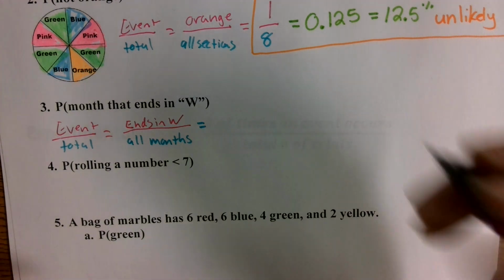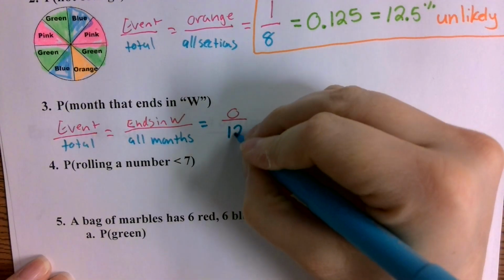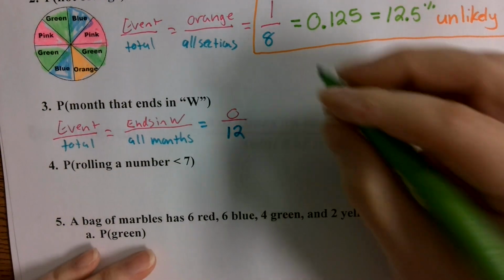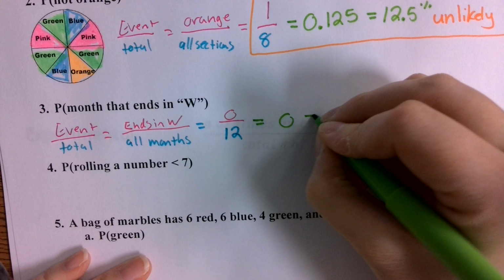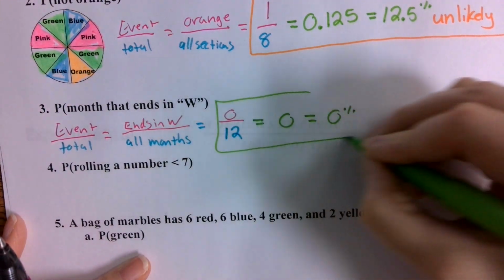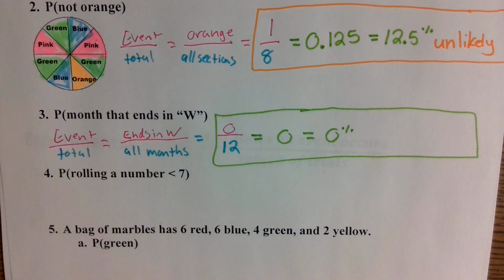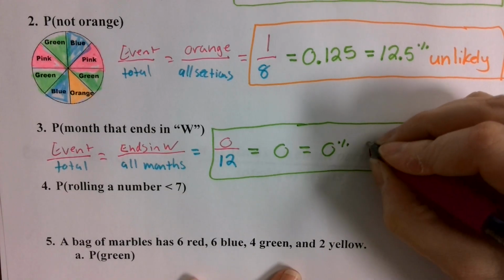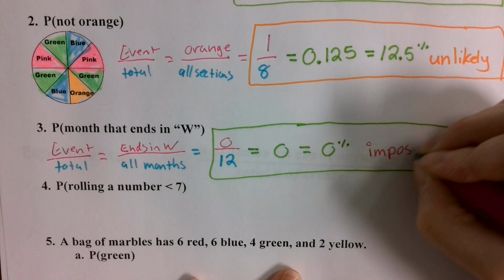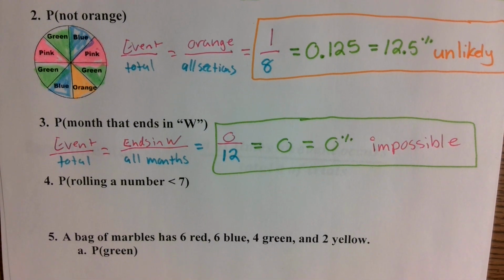None of them. There aren't any. That's 0 months out of how many months? 12. 0 out of 12. 0 over 12, which equals 0, which equals 0%. What kind of probability likelihood is this? Impossible. This is a situation that is impossible because it's exactly 0% chance. That's when we can say it's impossible.